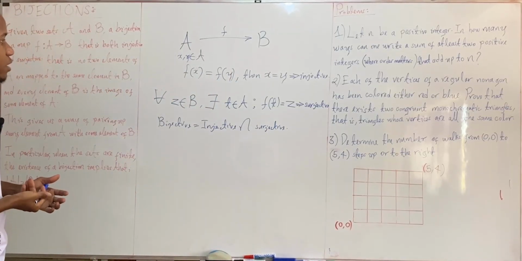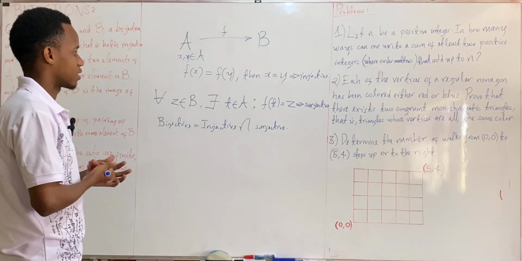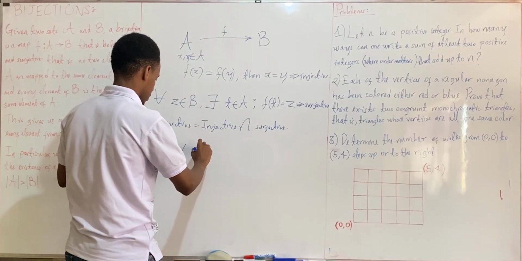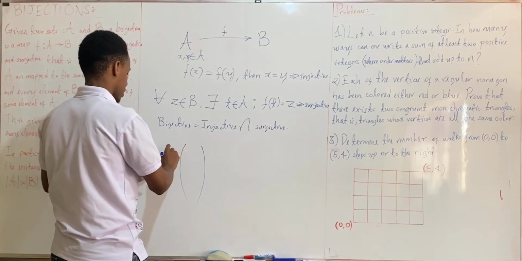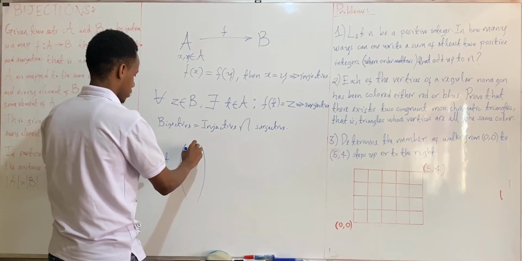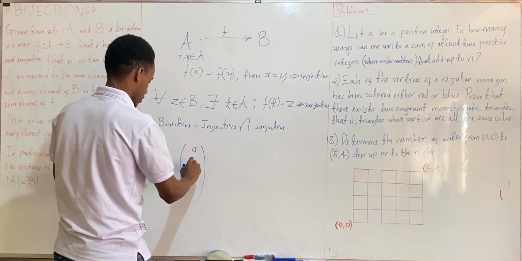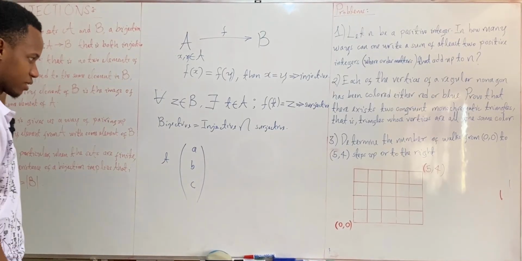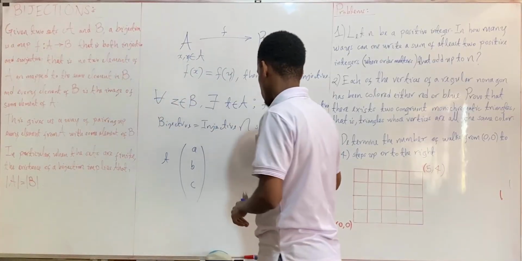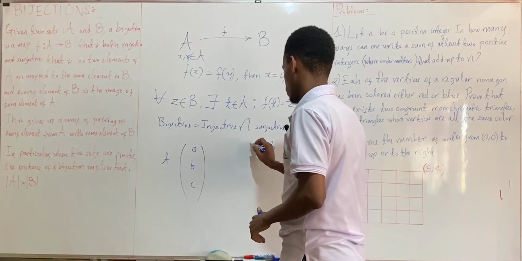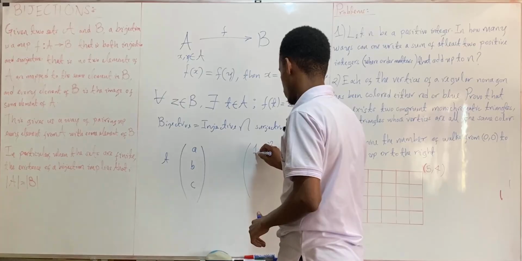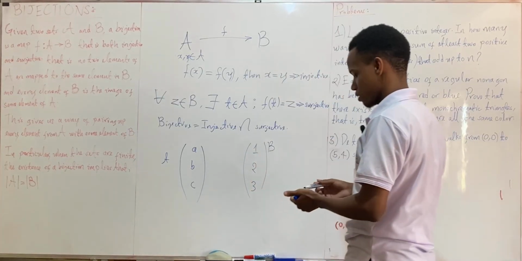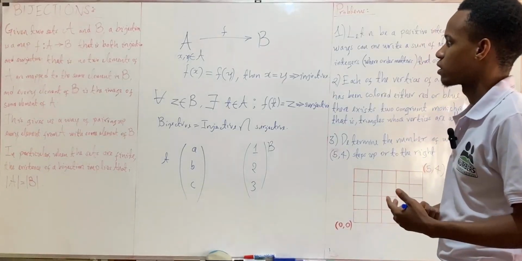In this particular case, we can take a look at an example. For example, I have a set A, which contains the first three alphabetical letters, and another set B, which contains the numbers 1, 2, and 3.